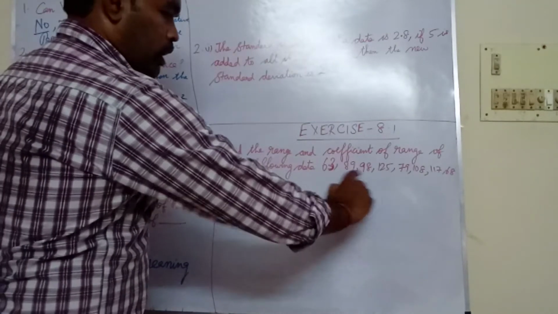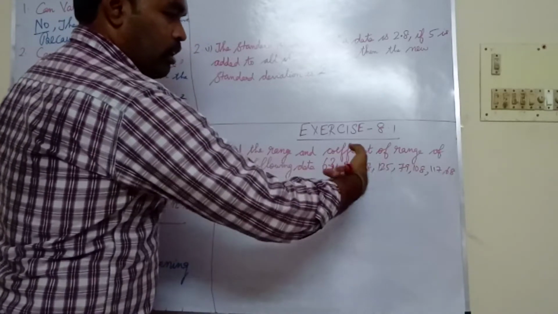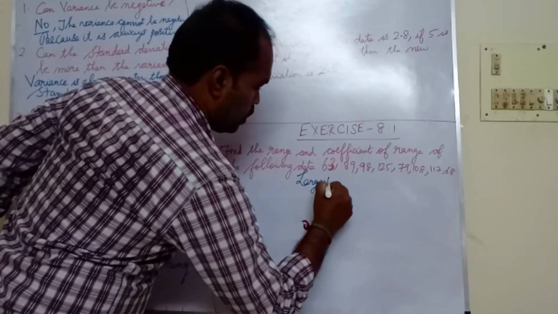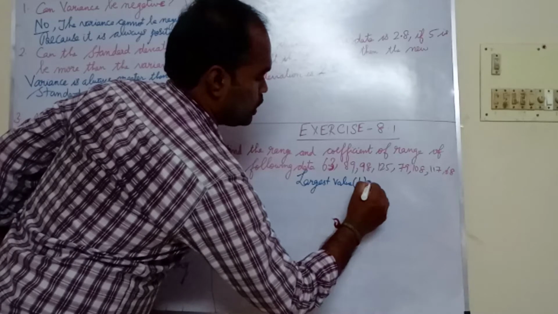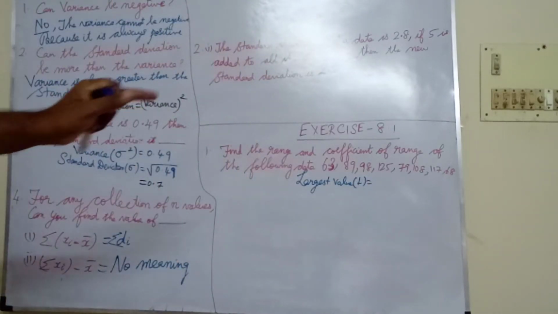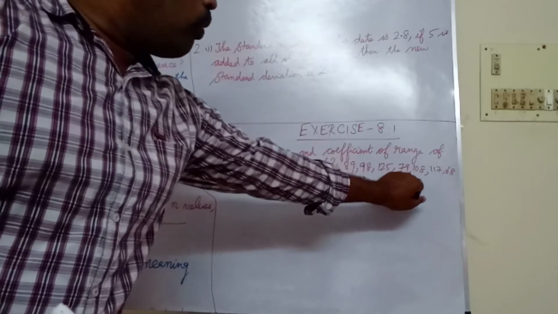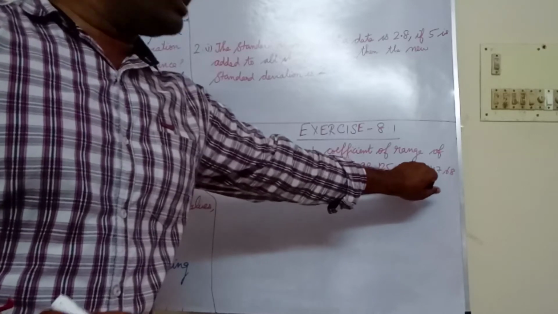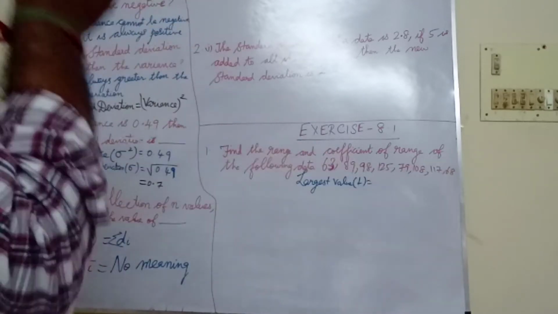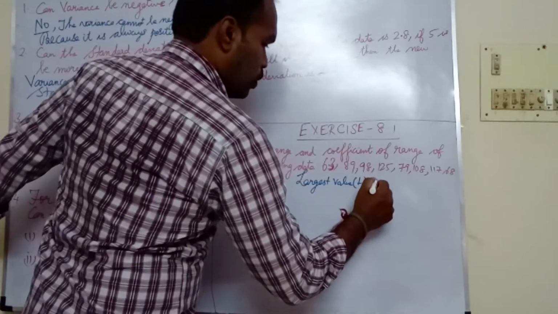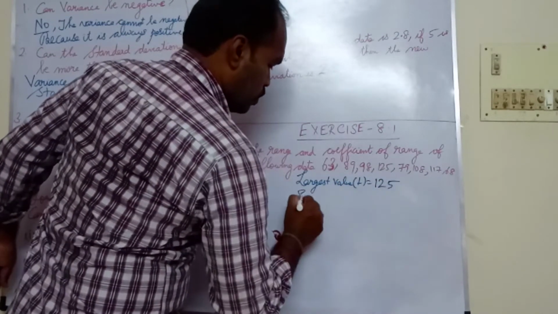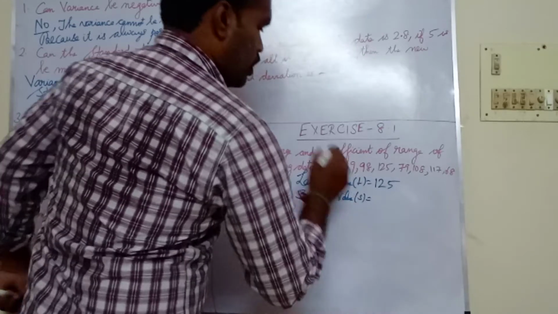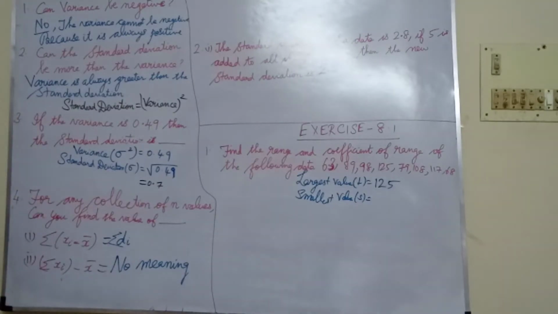So here, in the given data: 63, 89, 98, 125, 79, 108, 117, 68. Which one is the largest value? 125. Smallest value is 63.